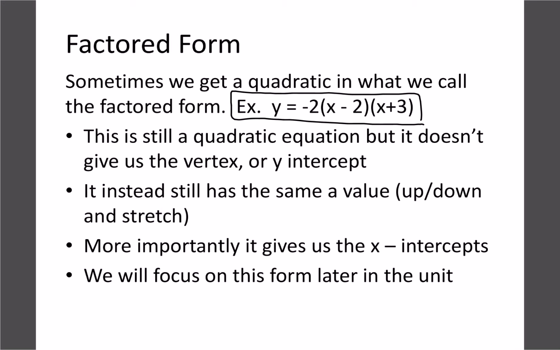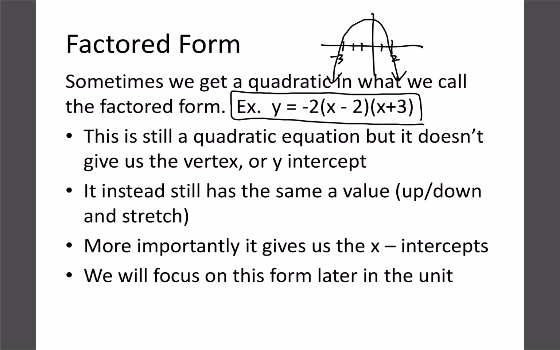But in this case, we don't get the vertex. If we were to graph this on your calculator, you're going to get a graph that goes upside down through -3 and 2 for our x-intercepts. We're going to spend a big chunk of our quadratic unit dealing with this situation, but for now, all we have to understand is it's a different way of writing it.